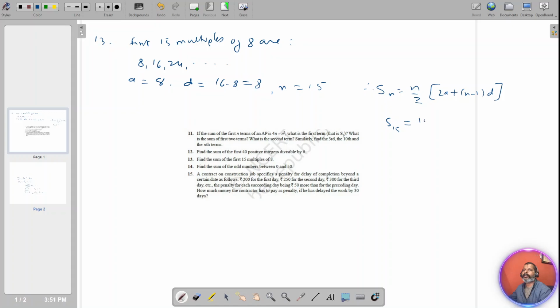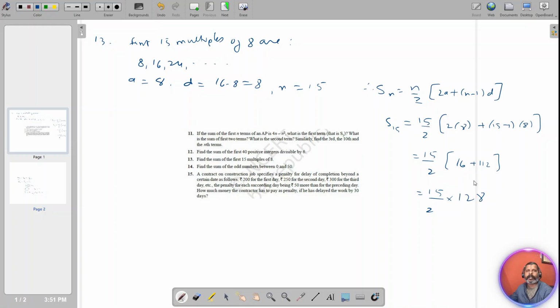S15 they want. 15 by 2, 2 of 8 plus N minus 1, means 15 minus 1, into D which is 8. On simplification, it becomes 15 by 2 of 16 plus 14 times 8 is 112. So 15 by 2 into 128.